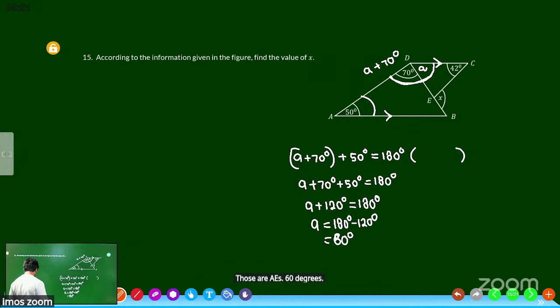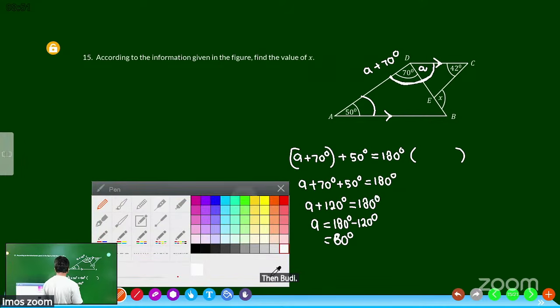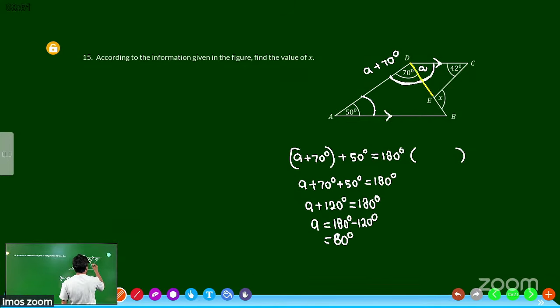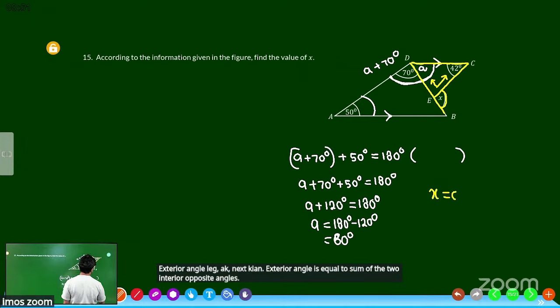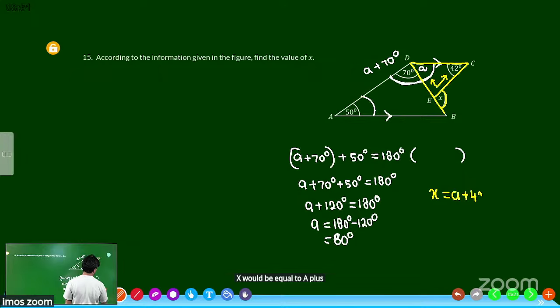Then, in this triangle, the exterior angle is equal to the sum of the two interior opposite angles. X should be equal to A plus 42. So A is 60, right?